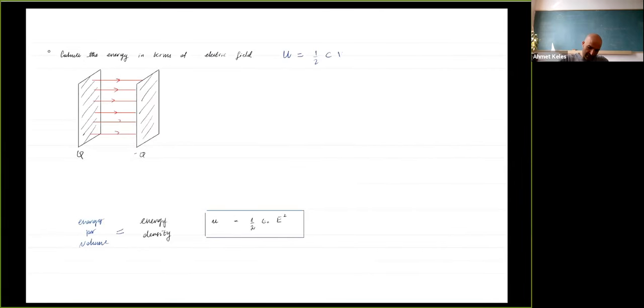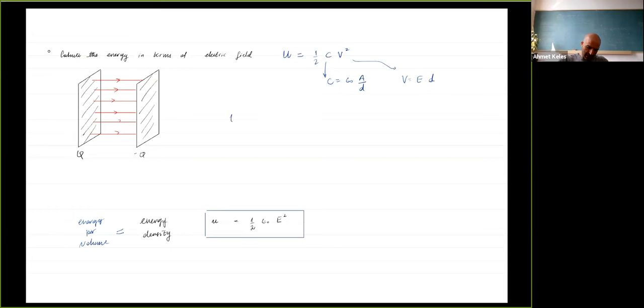Now I know C is equal to epsilon naught A over d. If I have plates of a certain area with some distance, that's the capacitance. And V, what is the V in between these two plates? It's like a constant electric field. So I can also write an expression for V. V should be equal to the electric field times the distance.